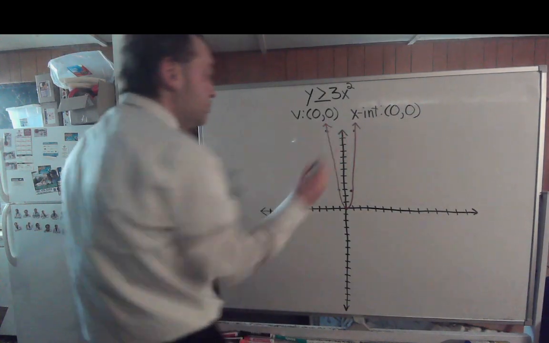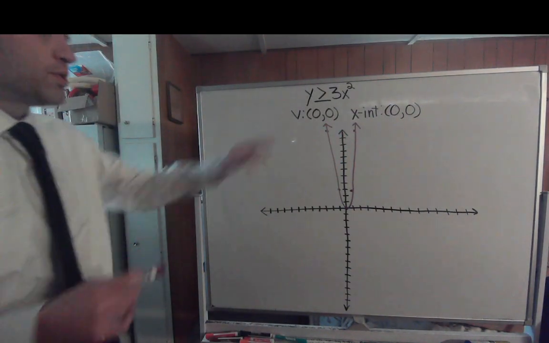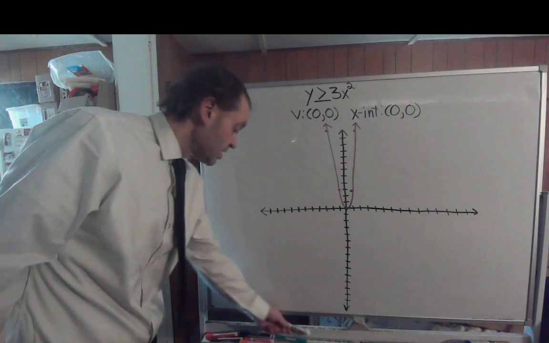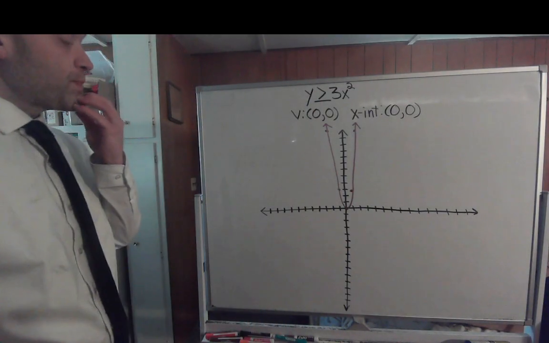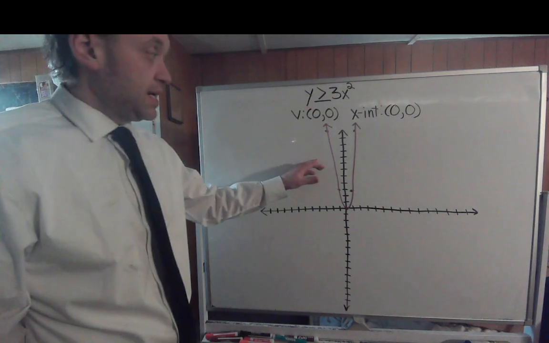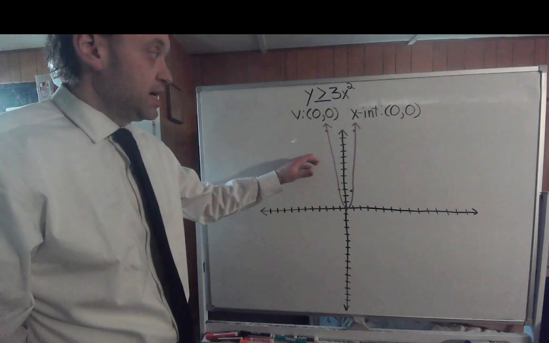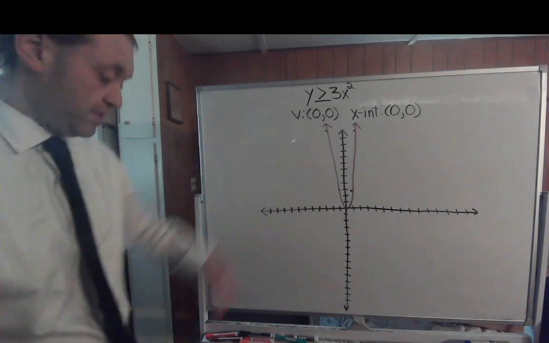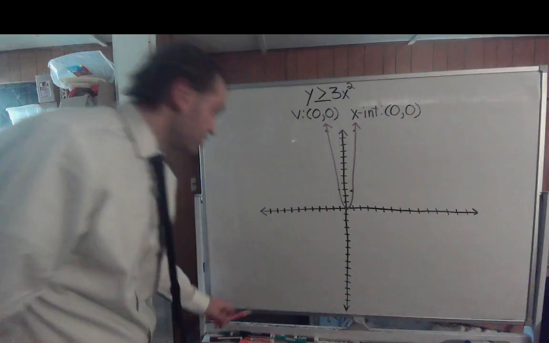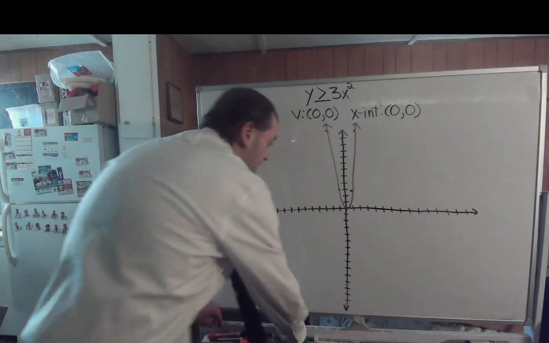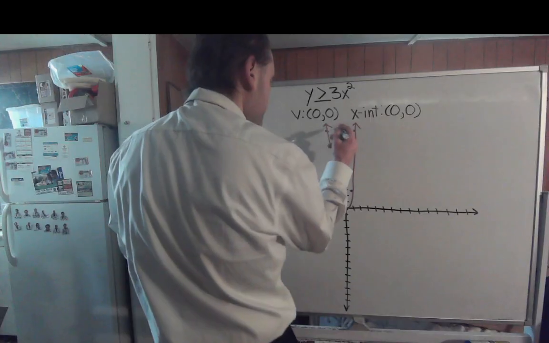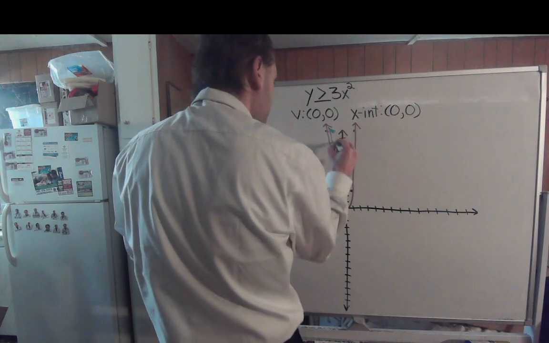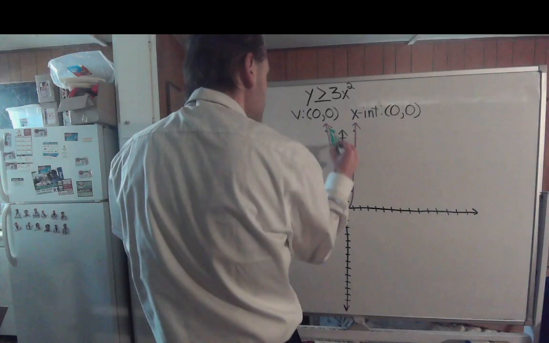And now we have to figure out the results for the greater than part. Well, the greater than part means it's actually above the curve. So you're going to shade everything above the curve to represent the greater than or equal to part.